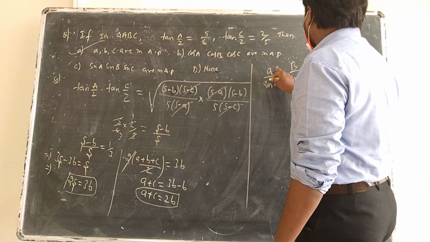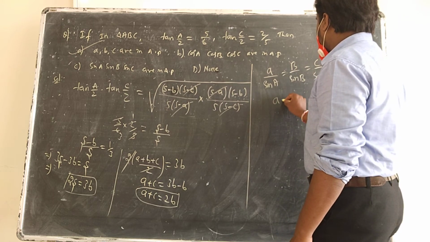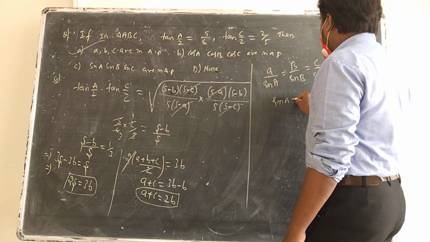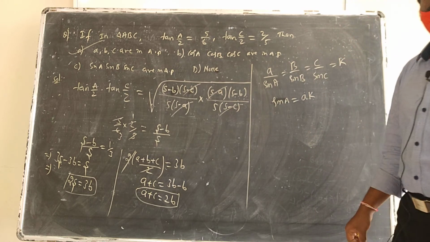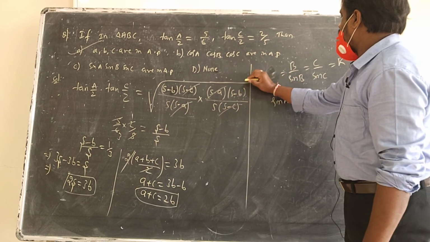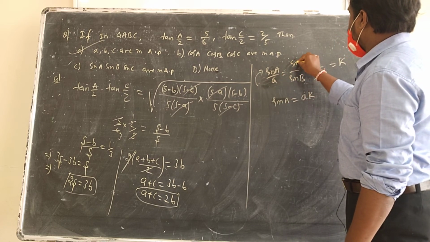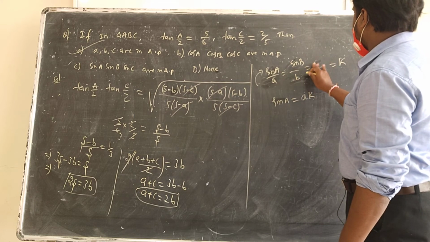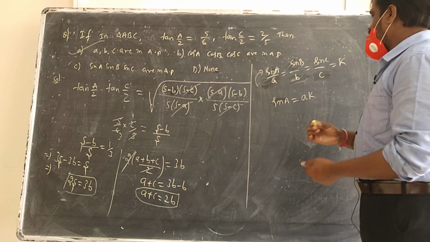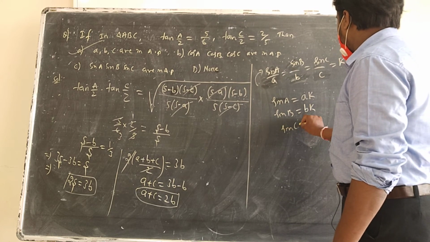So I write here sin A/A is equal to sin B/B is equal to sin C/C is equal to K. So sin A is equal to AK, sin B is equal to BK, sin C is equal to CK.